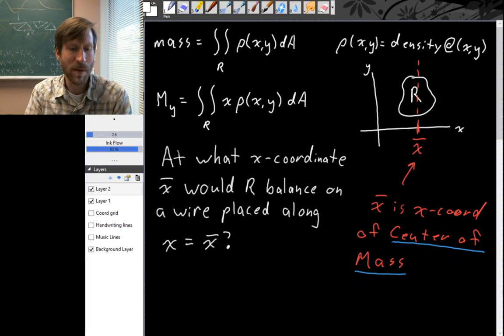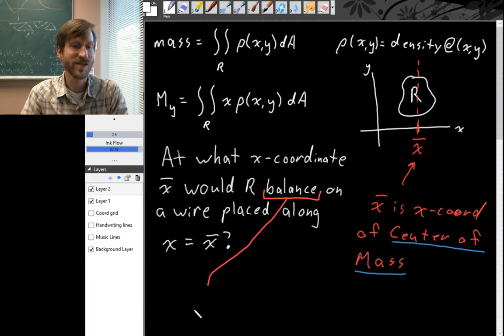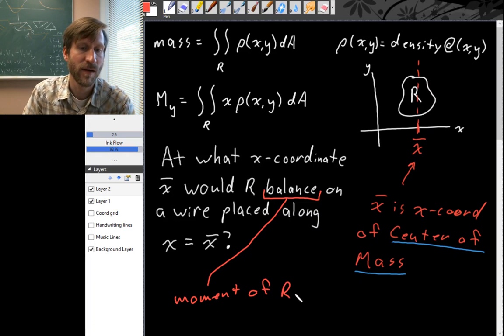All right, so we're after this x-coordinate, x bar, so that this region would balance on that wire. But saying that the region would balance just means that the moment of R about this line, x equals x bar, should be 0.